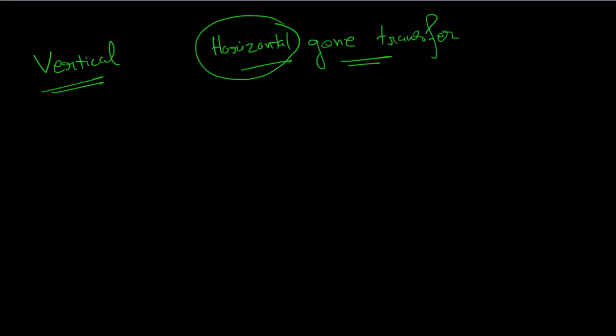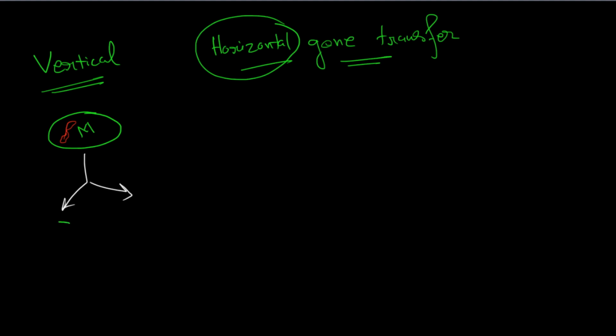What happens during cell division in a bacterium, that is the asexual reproduction of a bacterium, is that a mother cell containing its genetic material divides into two daughter cells.